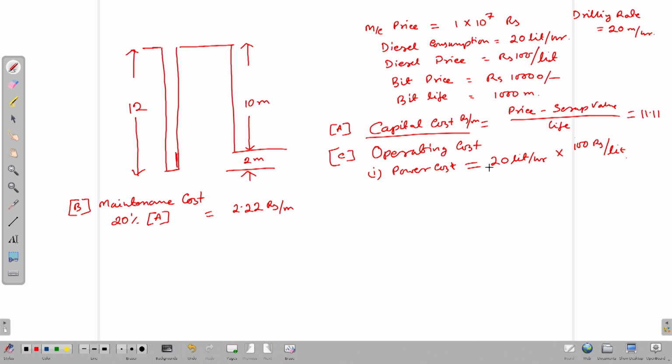So, again this is coming to 2000 rupees per hour, and again we have to convert it into rupees per meter. We know the drilling rate is 20 meter per hour. So, this is converted to 100 rupees per meter, the fuel cost.